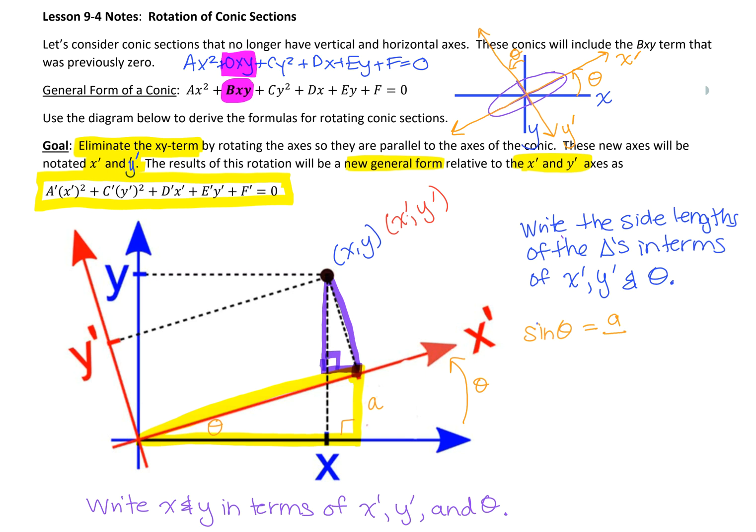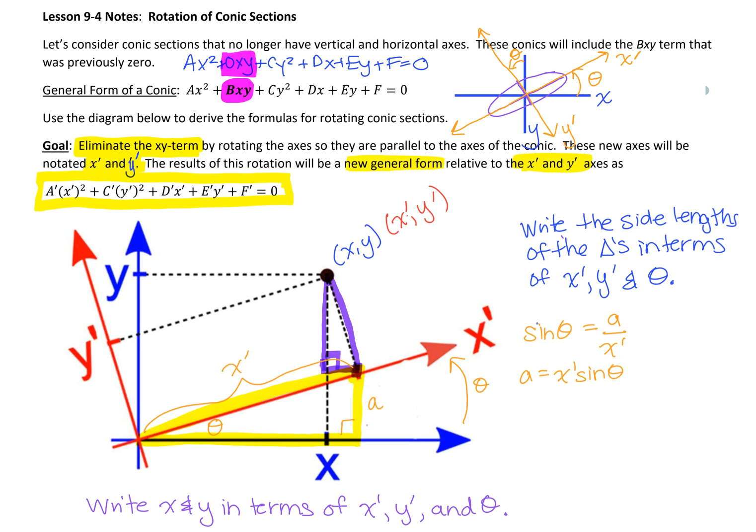And I know the length of the hypotenuse. The length of the hypotenuse is from here to here. And that distance is the distance on the x prime axis to get up to this point. So that length there, all the way from here to here, is going to be x prime. So A over x prime. That means that A is equal to x prime sine of theta.